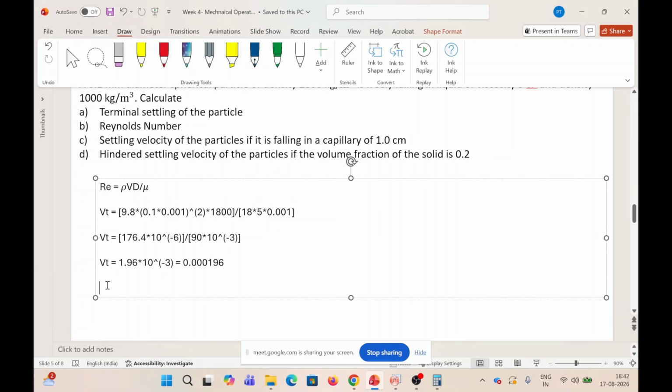So again, I will just copy this. So Reynolds number is equal to rho, that is density, 1000, times velocity, 1.96 times 10 to the power minus 3, times diameter of the particle, 0.1 mm, the whole divided by 18 times, wait, 1 minute.